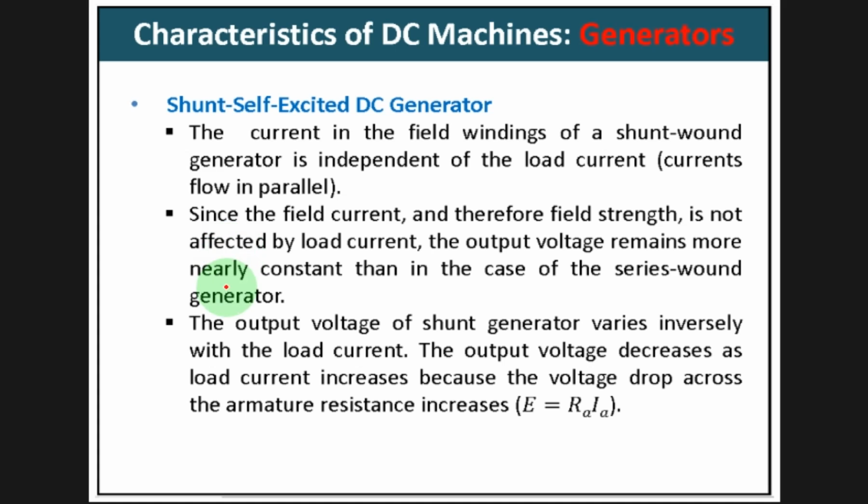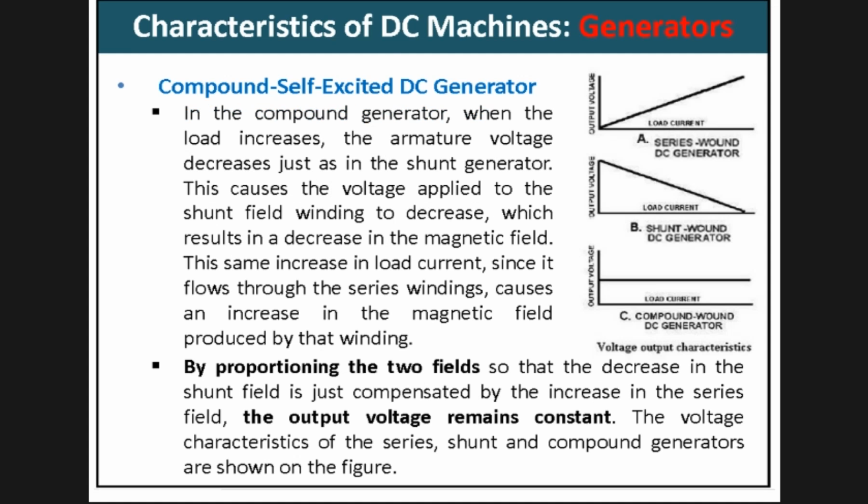So in the case of a compound self-excited DC generator, these two things will combine together, right? In the compound generator, you have both series field winding and shunt field winding.